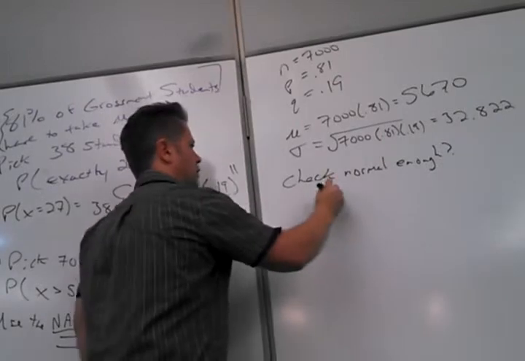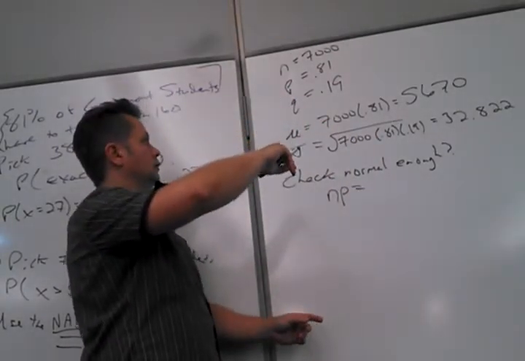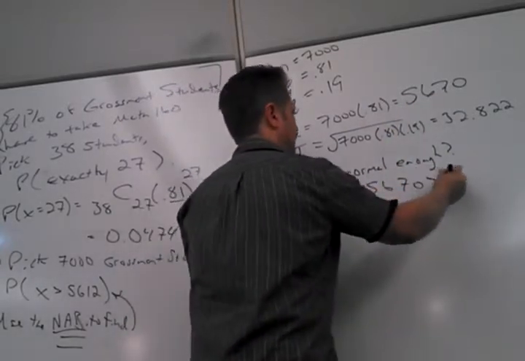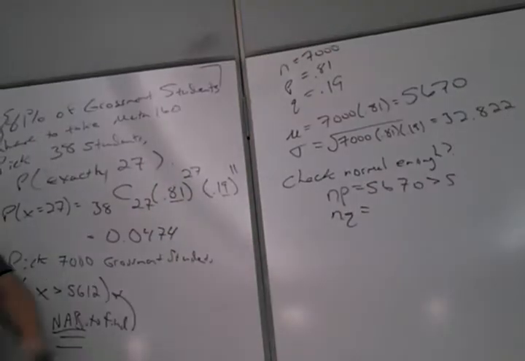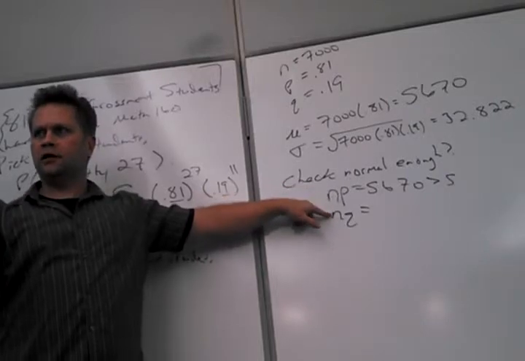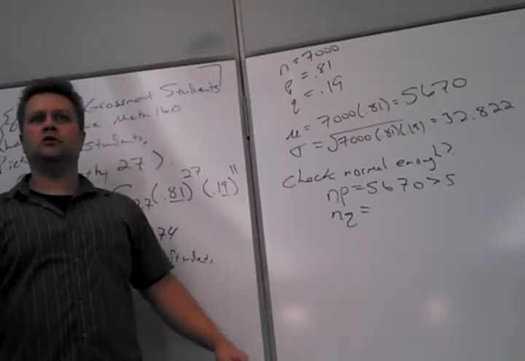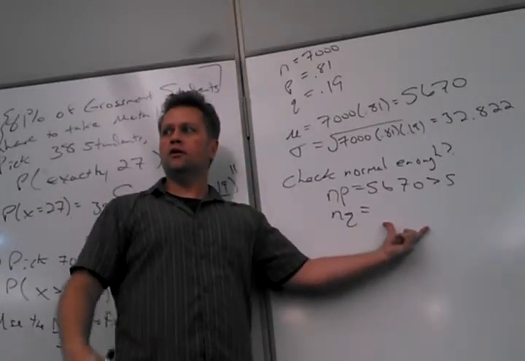What's beautiful about the check? np I've already got. What's np? 5,670. It's the mean, 5,670. Is that bigger than 5? Yeah. Now here's the shortcut for nq. np is the average number of successes, so nq must be the average number of failures. If I got 7,000 total, and I expect this many successes, how many should I expect for failures?